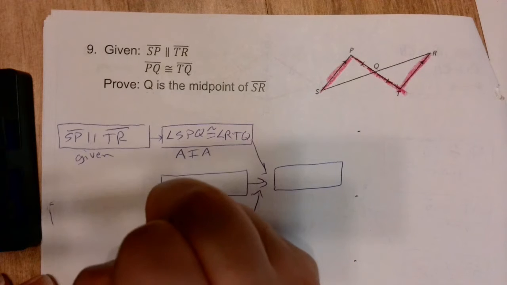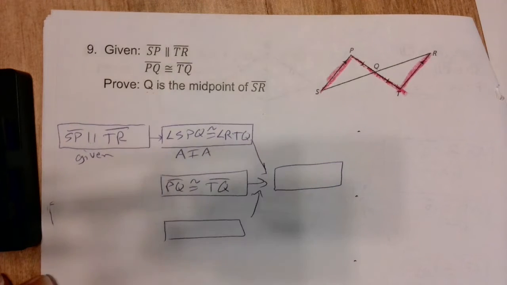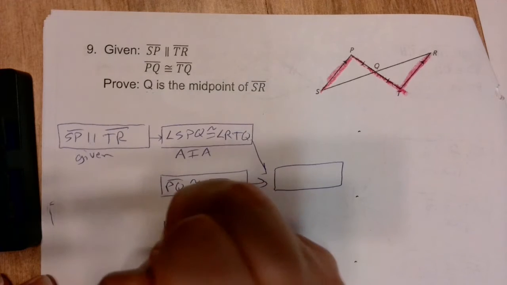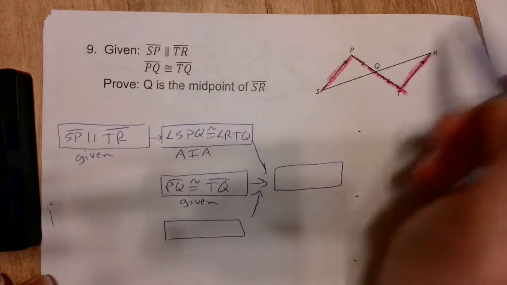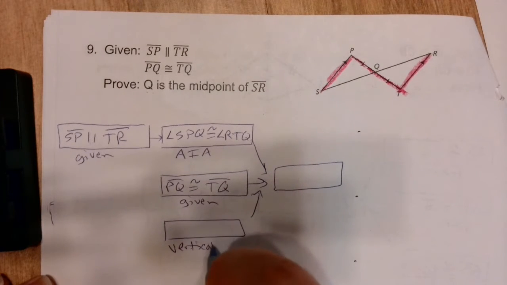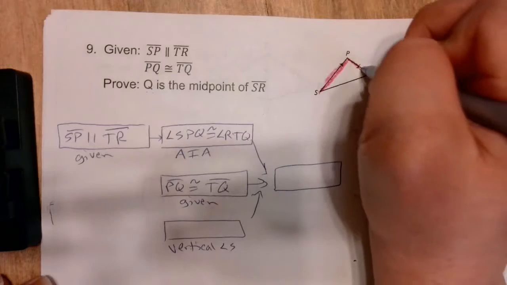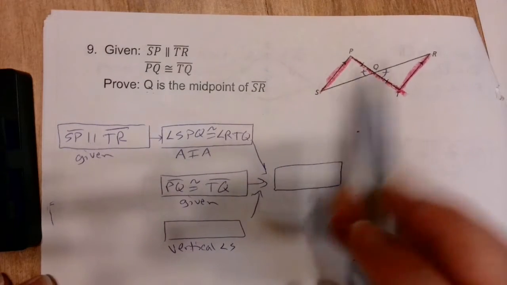Next one is another given. PQ is congruent to TQ. Given. Last one, vertical or reflexive. We got an X in the middle, so vertical angles. I'm going to say PQS.